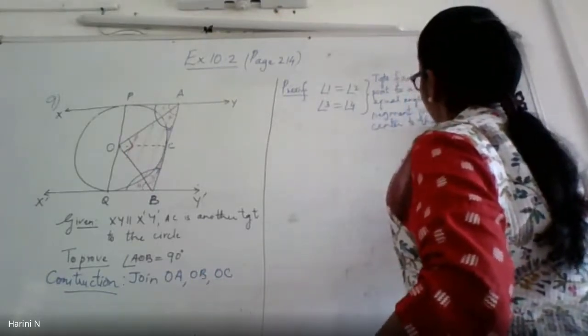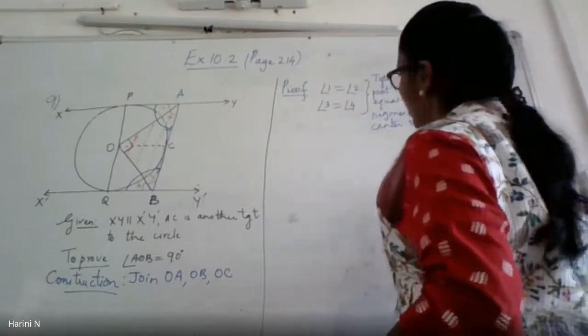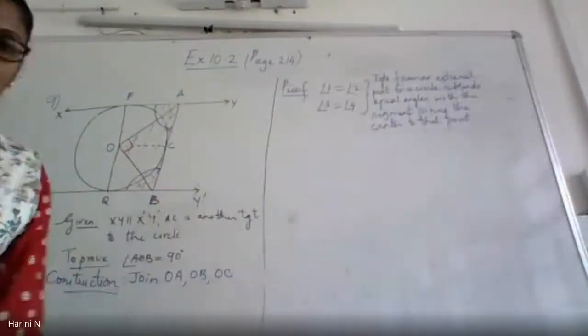You are writing the statement of theorem 3. Okay, so this will take care of angle 1 is equal to angle 2 and angle 3 equals angle 4.